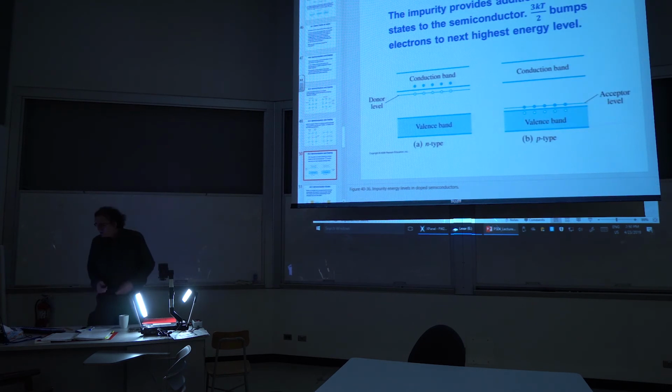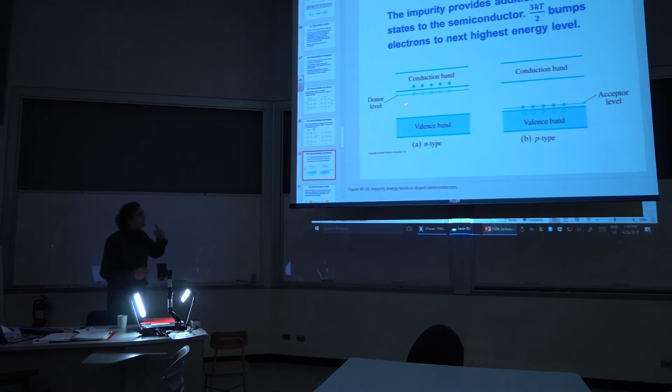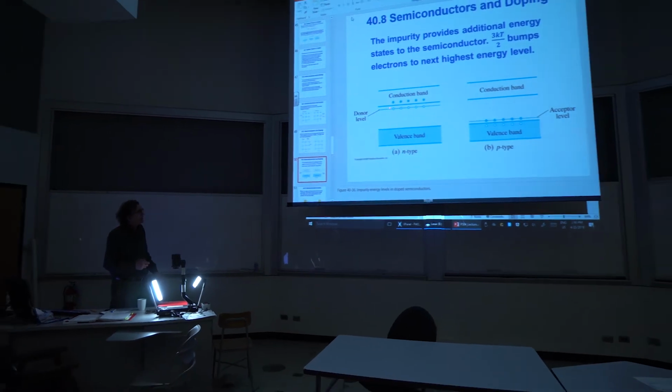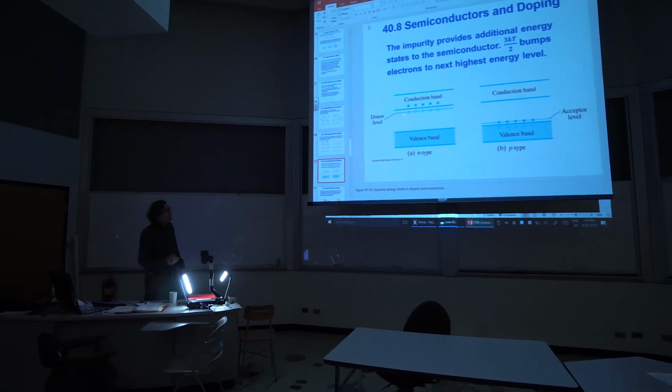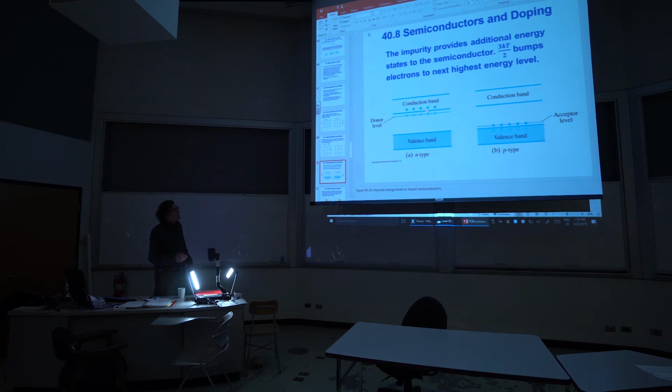Yeah. So in an atomic energy level picture, what we would say is that the electron in the arsenic contributes an electron that is at a much higher energy level, and furthermore, the conduction band of the silicon is very close to the donor level.